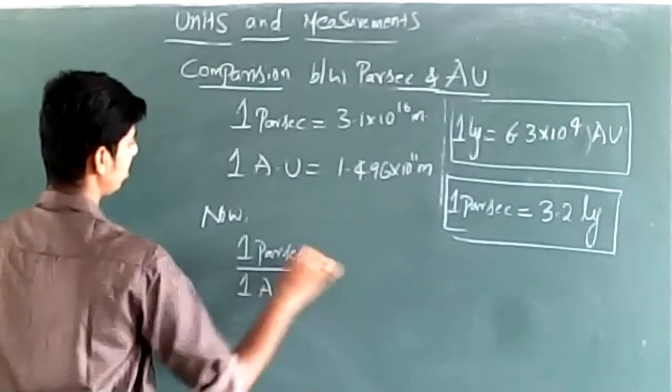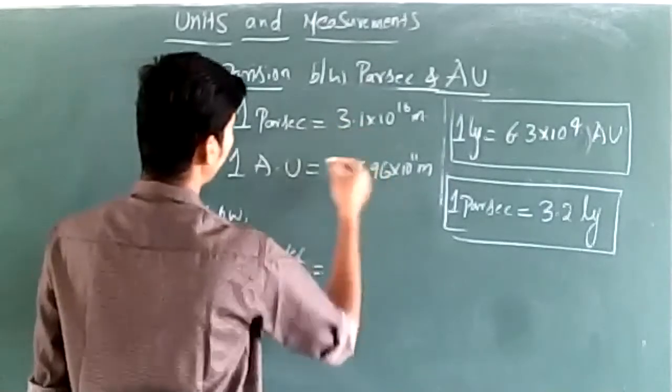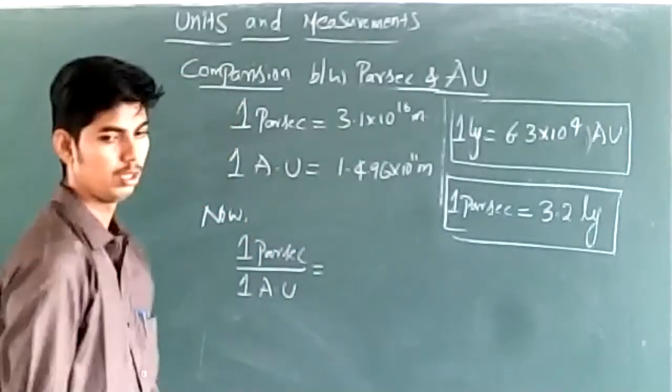1 parsec divided by 1 astronomical unit is equal to 3.1 divided by 1.496.